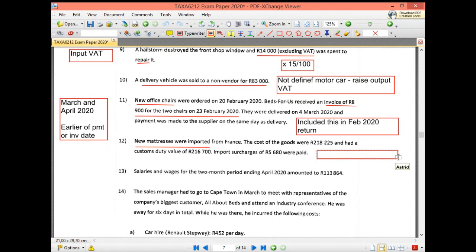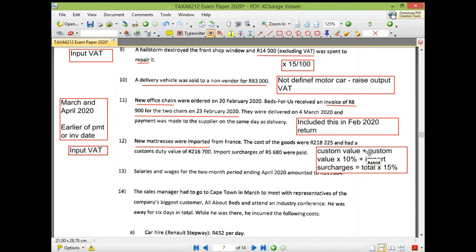We work it out by using our custom value plus the custom value multiplied by 10%, plus any import surcharges. And then once you've got that total you multiply with 15% to work out the input VAT that you can claim. So this is also input VAT.